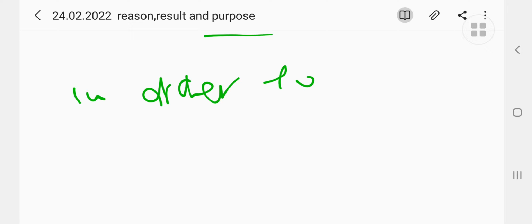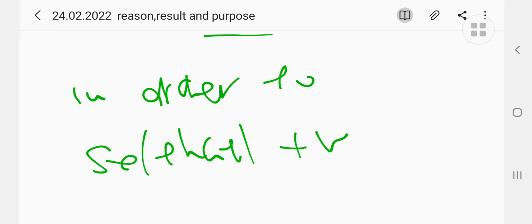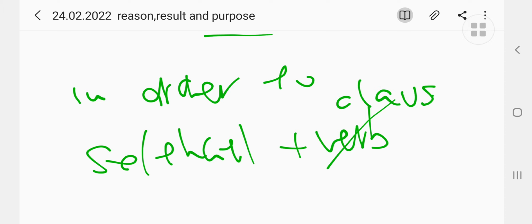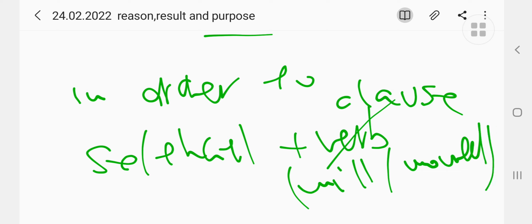Finally, we have the last thing, purpose. We use in order to or so that plus a clause. We usually put a clause after so that, with verbs such as will, would, can, or should, for purpose.